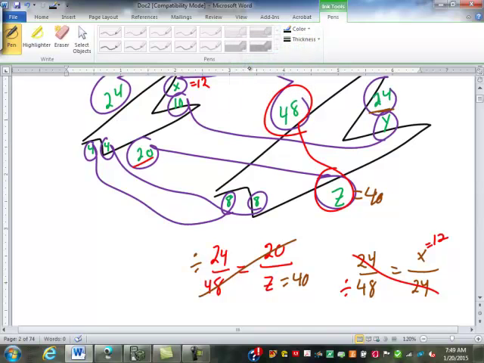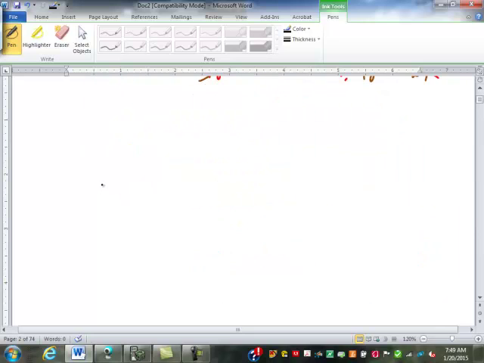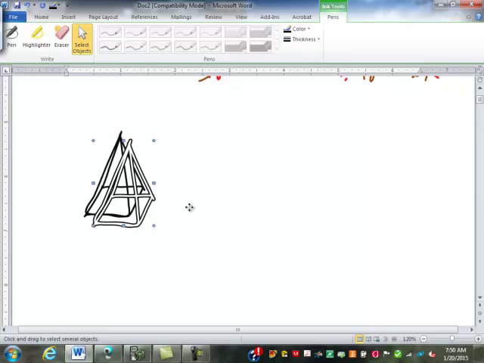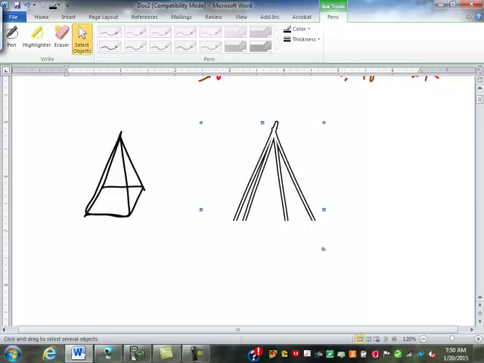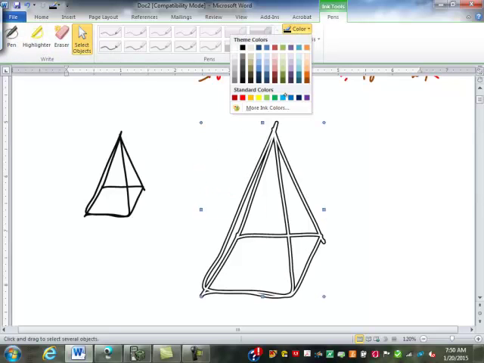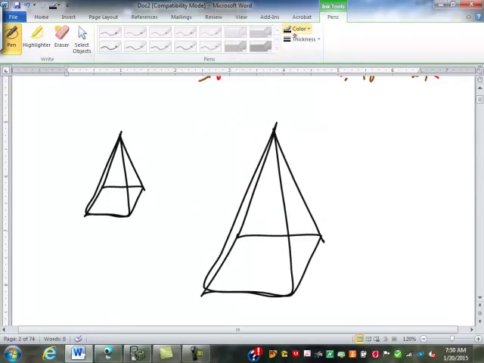And we even talked about three-dimensional shapes, like this. We can take a three-dimensional shape and let's say the sides on that increase.